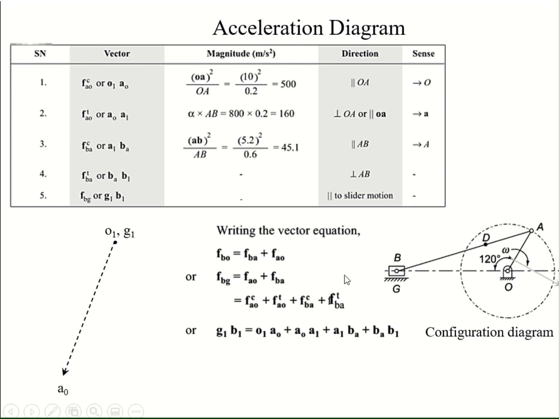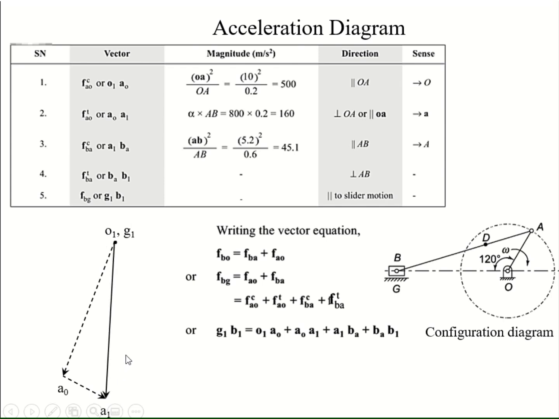Next, we know the direction of the second vector is perpendicular to the link, and we also know the magnitude, so we can again draw this vector over here. Having drawn this vector, we now know the total acceleration of the link OA. So this is the total acceleration vector.